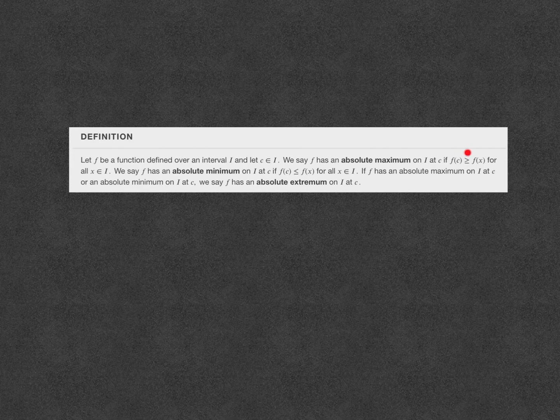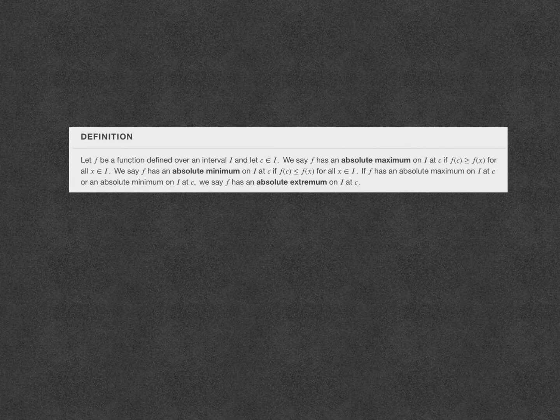But what this inequality means is that f of c, that y coordinate, is the highest point over every other y coordinate in the interval. And then for absolute minimum, f of c is the lowest point over every y coordinate in that interval. Okay, that's the way that we've formally defined it.